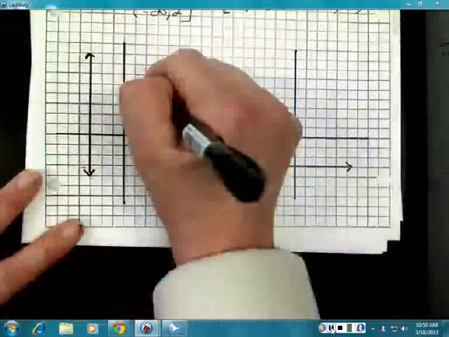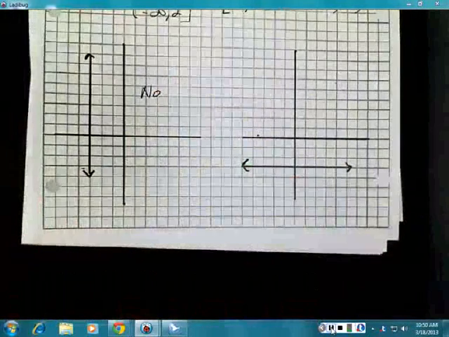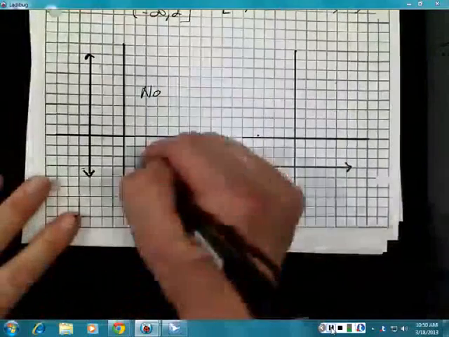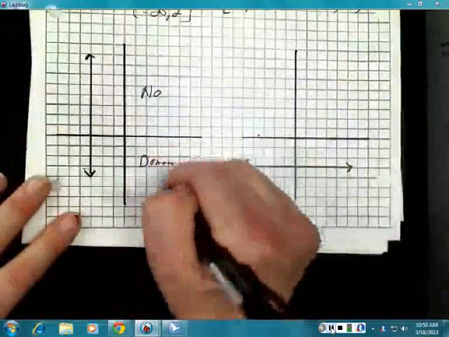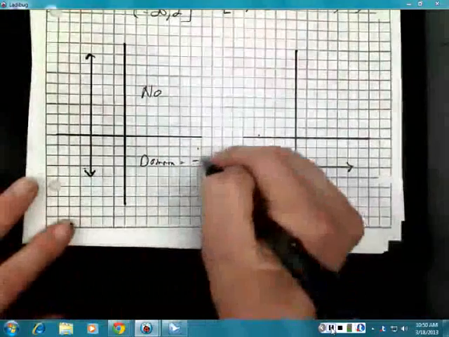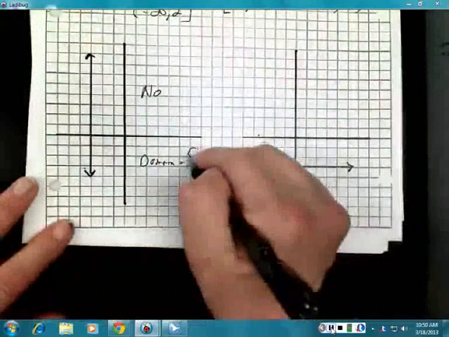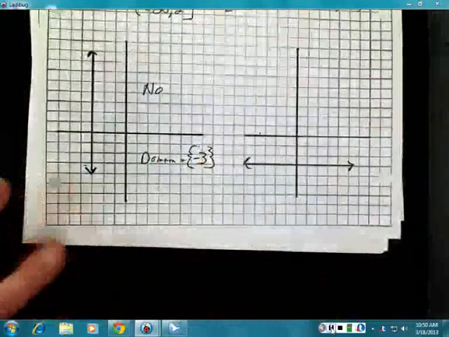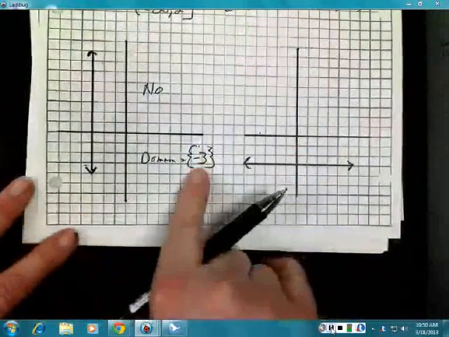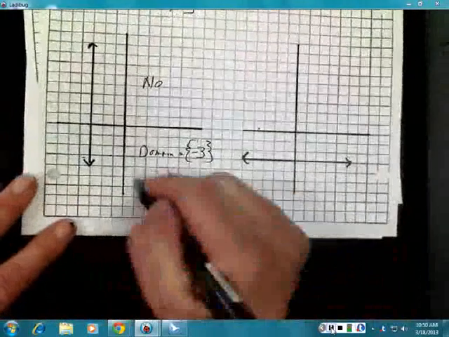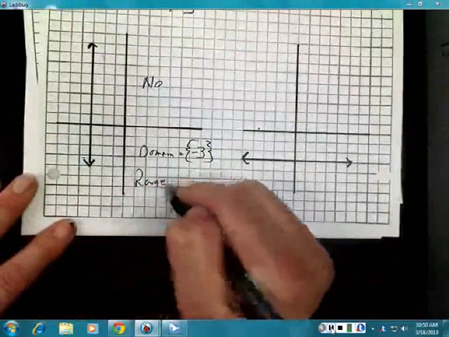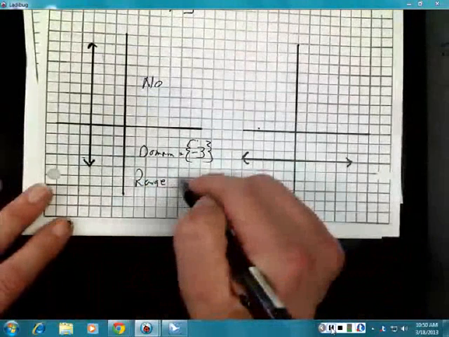What is its domain? Because there's nothing else but a negative 3 to it, it's inside of braces. And its range? Negative infinity to positive infinity.